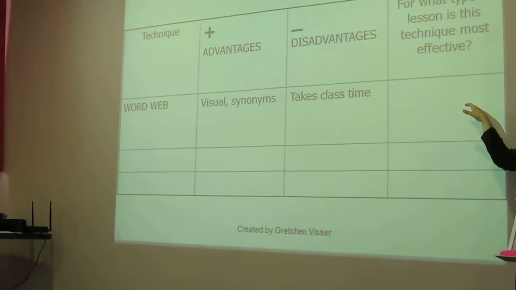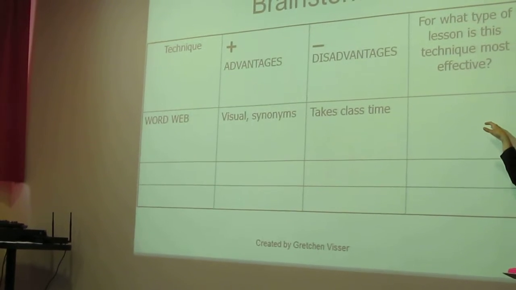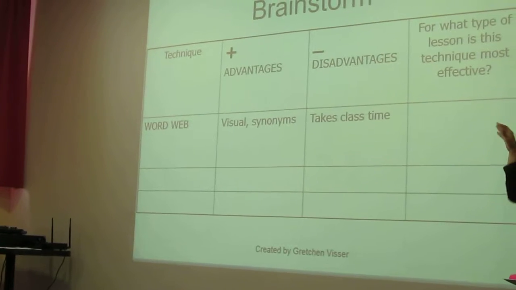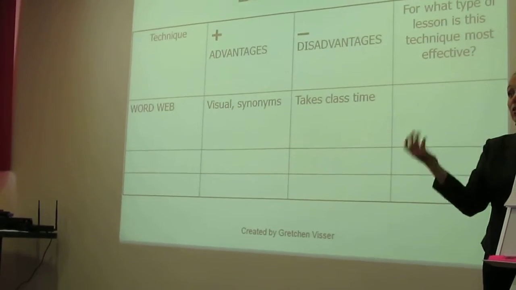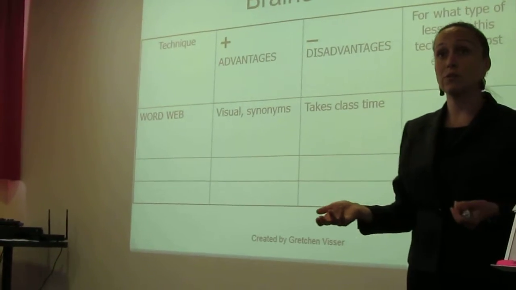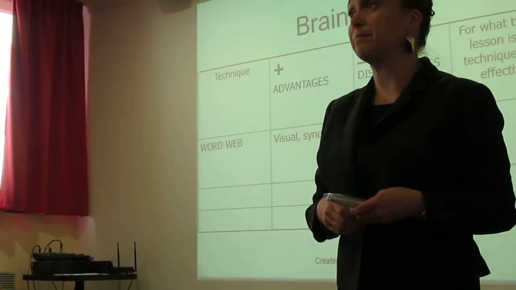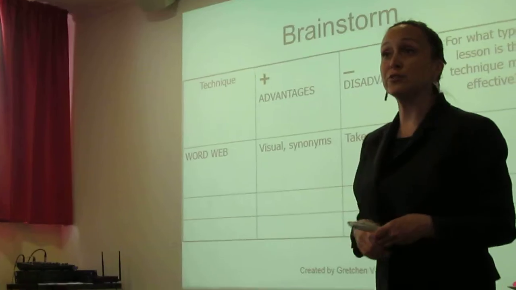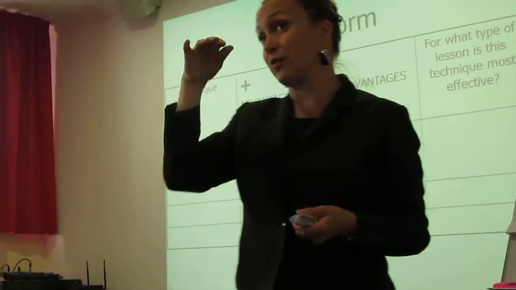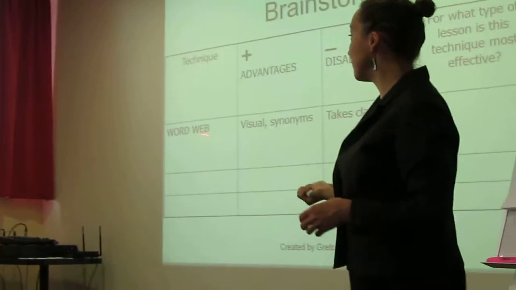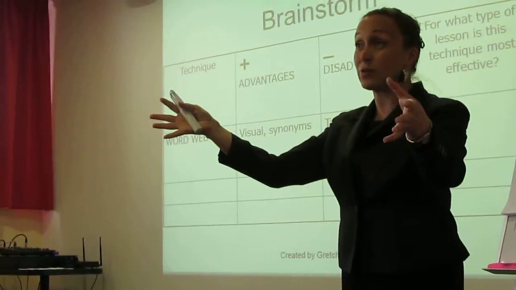So one might say a vocabulary lesson or a post-reading lesson, right? When they're reviewing the words that they learned within the reading itself. It could be a pre-reading activity. So what I'd like for you to do is just with each other in groups discuss some of the techniques that you have used. We'll get to the game part soon, I promise.